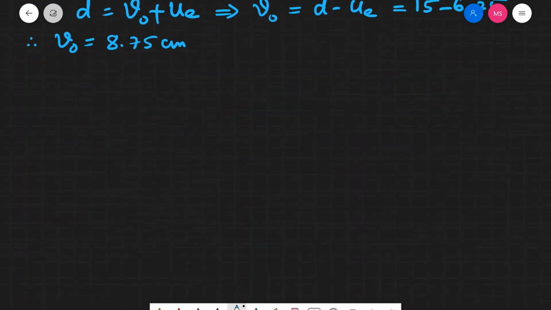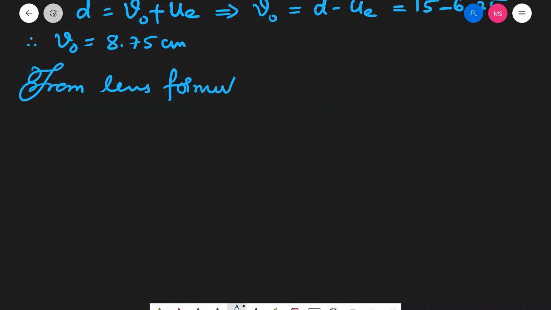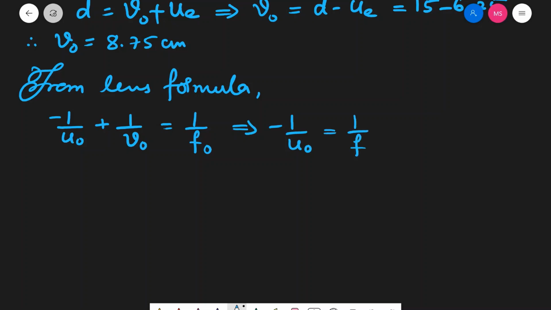Again we will use lens formula. So from lens formula, minus 1 by UO plus 1 by VO equal to 1 by FO. So this implies that minus 1 by UO will be equal to 1 by FO minus 1 by VO. So you can say that minus 1 by UO will be equal to 1 by 2, or FO, focal length of objective, is 2 centimeter, minus 1 by 8.75.